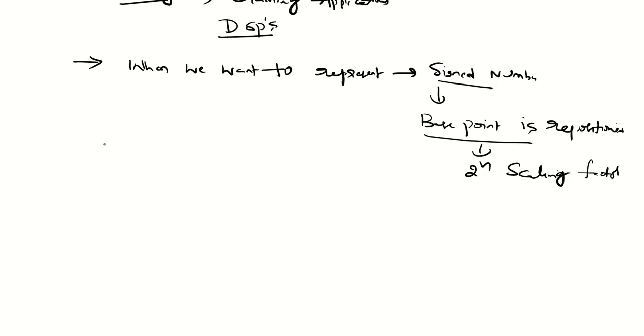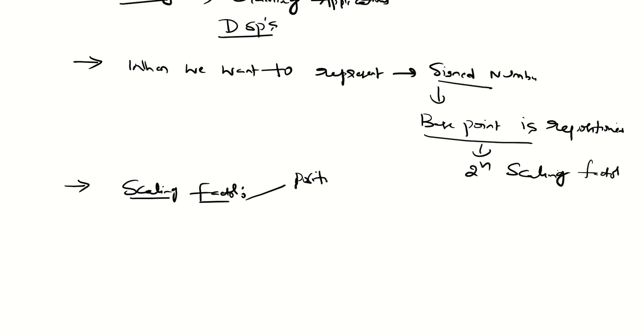Let's see that there are three cases. With the scaling factor, either this point is fixed, or this point is shifted depending on the scaling factor. The first case is that the base point position is fixed.